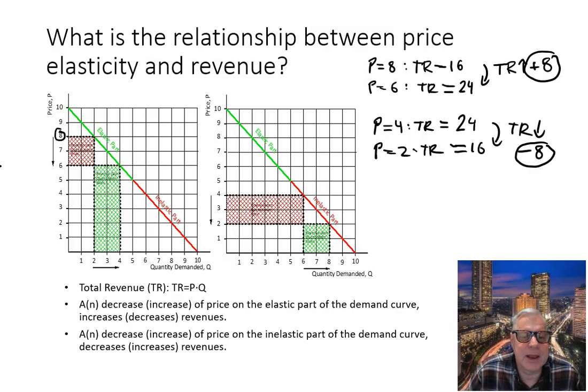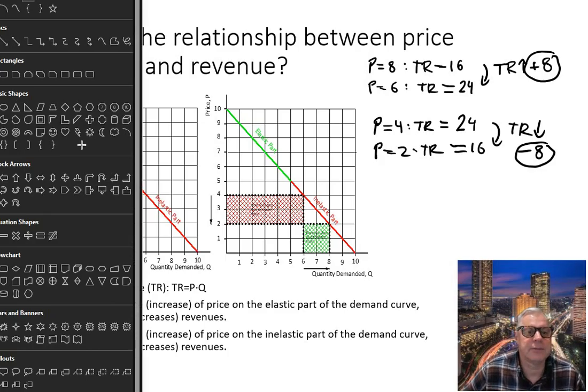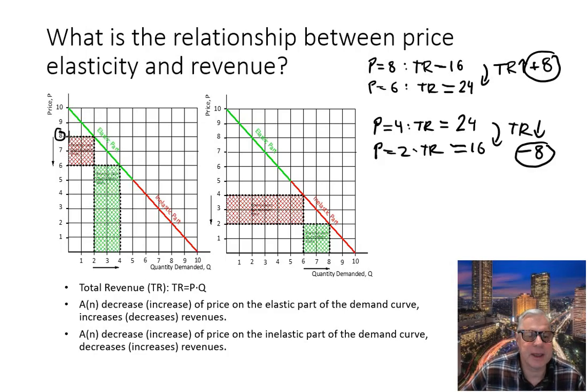Well, if we lower the price from 8 to 6, then initially at the price of 8, let's insert quickly, at the price of 8, this is the total revenue.